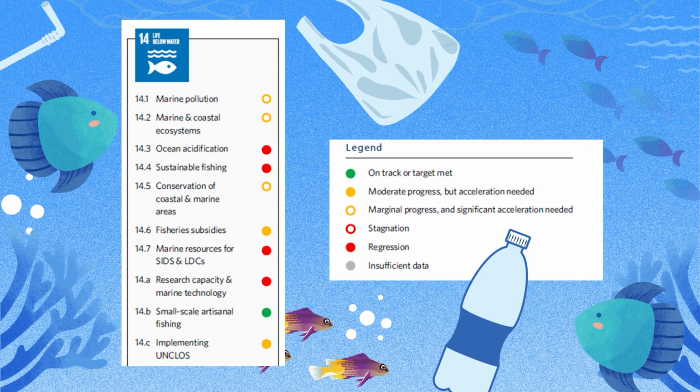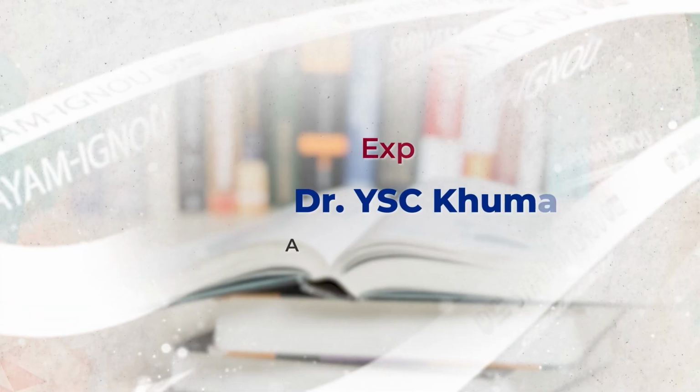But when we talk about small-scale artisanal fishing, we are on track, we are meeting the target. So today what we have discussed is the different targets and indicators, and the global progress in a quick way, on global UN SDG goal 14, life below water. With this, thank you very much. We'll meet in another session.